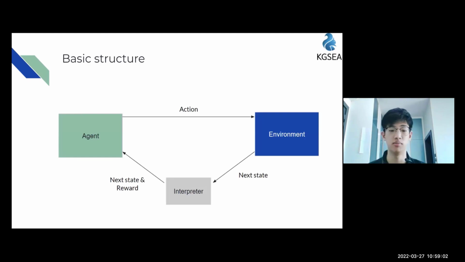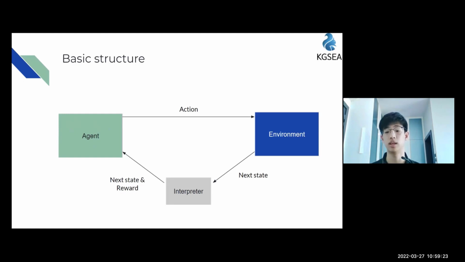So here is a diagram. The agent is going to get the state here. And with the state, the agent is going to decide what action it's going to do. The action is sent to the environment. The environment makes the change, gives the next change to the interpreter, and the interpreter calculates the reward and passes on the next state to the agent.